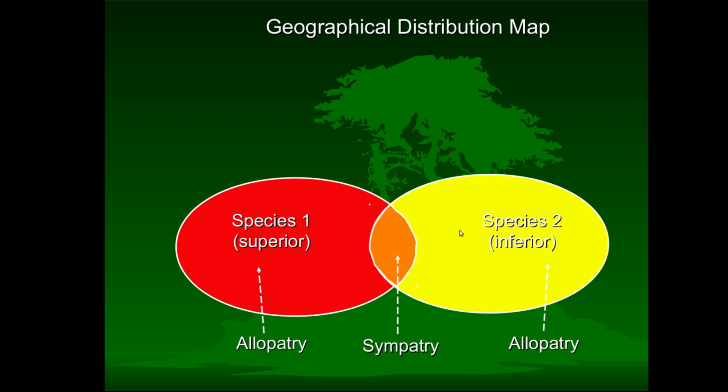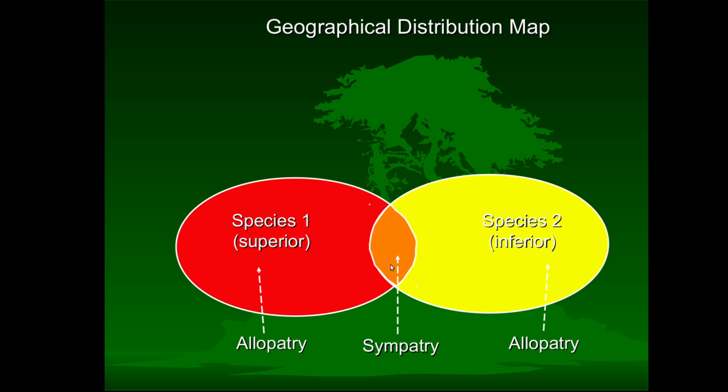And where they occur separately in different geographical regions, they're living in allopatry, different places. Okay, so where these two species are living in sympatry, they may often be living in direct competition with each other, either exploitative or interference or both. So if they're in direct competition, then the superior species, species one, will tend to exclude the inferior species two.